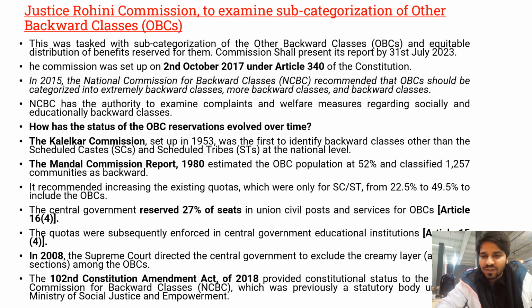It has categorized the OBCs into parts: 10% with highest benefits, 10% with partial benefits, and 10% of OBCs with no benefits, right? This subcategorization of OBCs has already been implemented by as many as 11 states, and it is highly implemented in the state of Bihar, right?